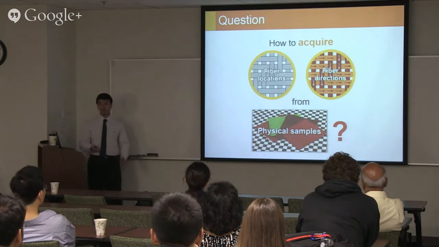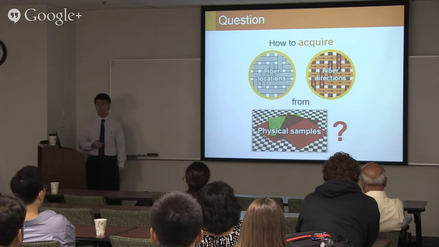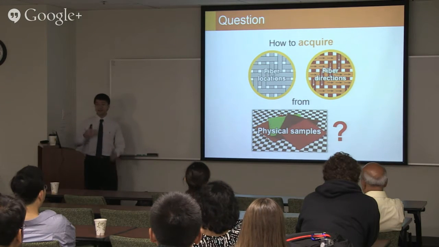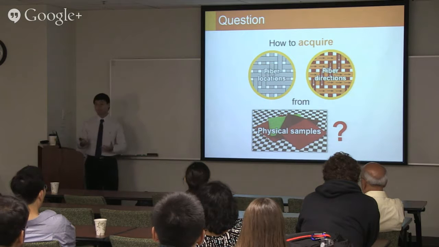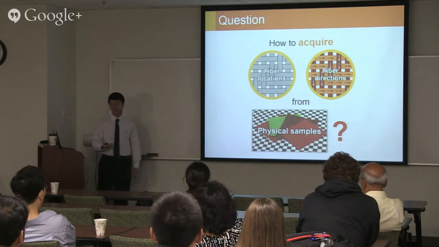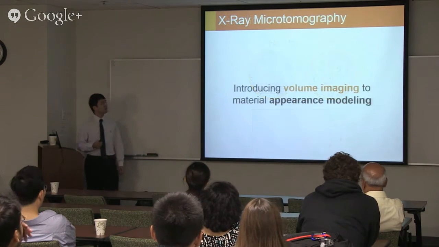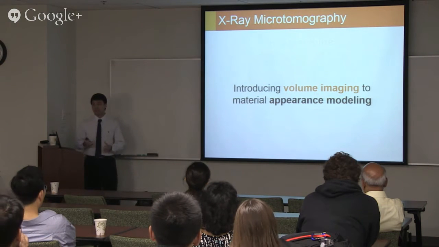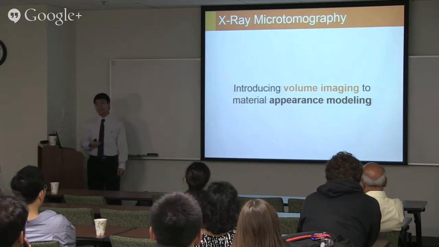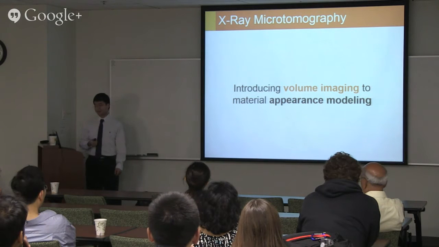But then the question is how to acquire this information from real samples. The fibers are so small, and some of them are hidden beneath the sample surface. So we, for the first time, introduced the use of volume imaging technology in material appearance modeling.